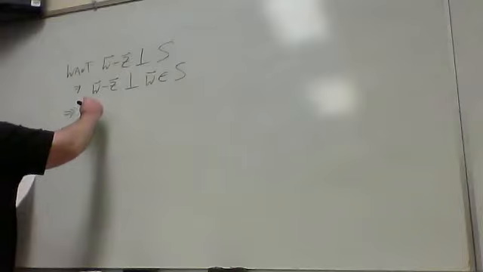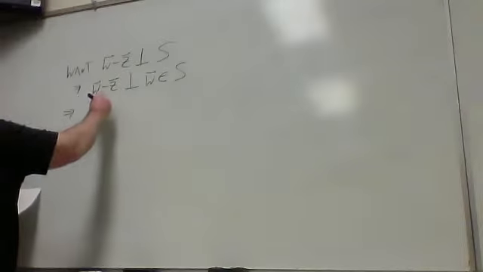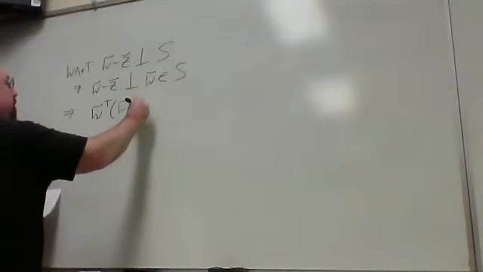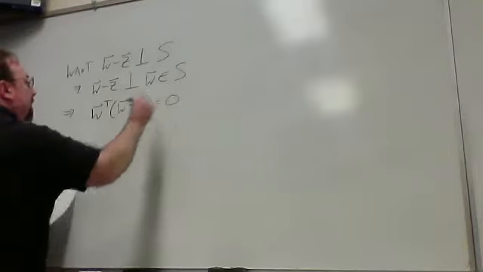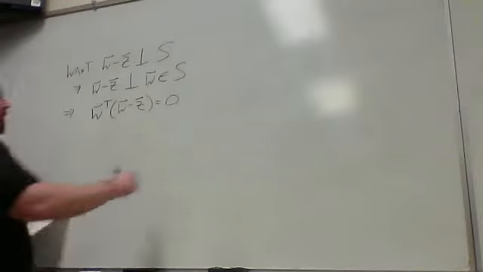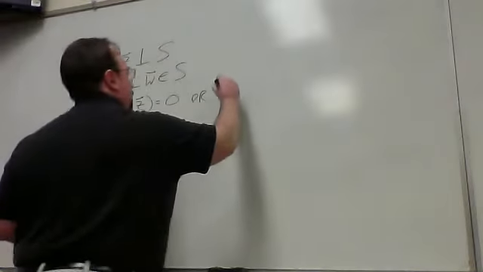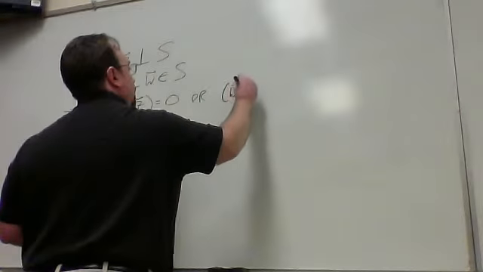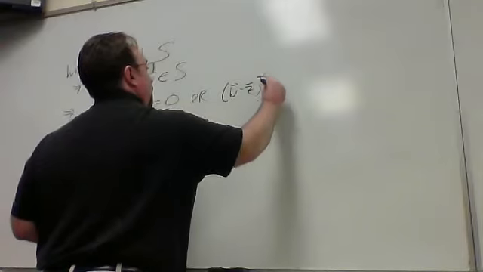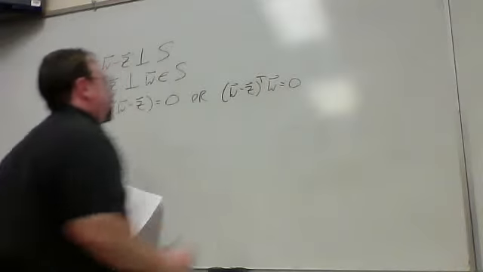Using a dot product, I have that W transpose (W minus Z) would have to be 0. Also, the dot product is commutative, so I can write this the other way: (W minus Z) transpose W is also going to be 0.